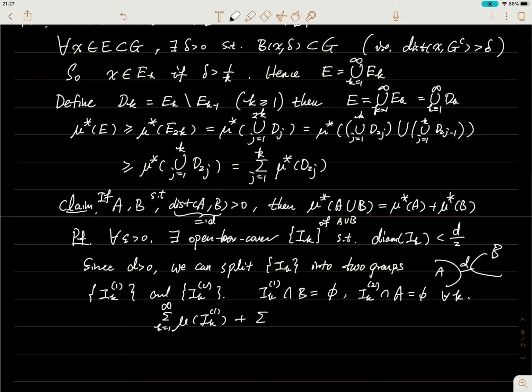Similarly, the other group, they must cover the B, right? Because the union of them will cover the union of A and B. So they have to cover A and B themselves. So that means this is bigger than mu star of A plus the mu star of B.